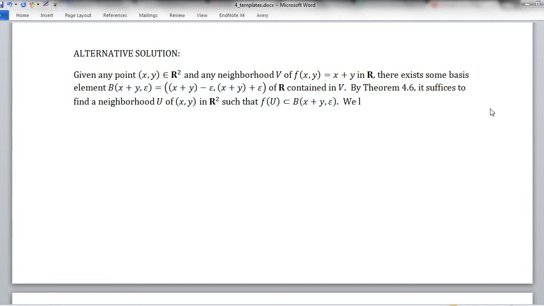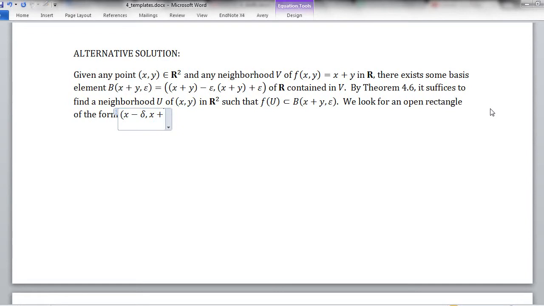So we're going to look for an open rectangle of the form, well, let's write it in this form. We know it includes the point (x, y), so we need the x coordinates to include x, so how about it be an interval of radius delta about x.